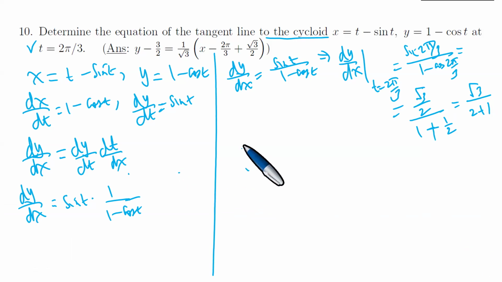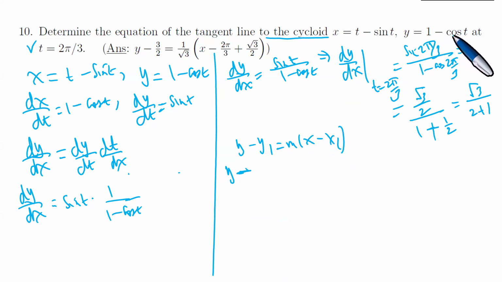Now, from geometry, y minus y1 equals m times x minus x1 is the equation of a straight line. What is y? The y is obtained when you substitute t into y, which is 1 minus the cosine of 2 pi over 3.